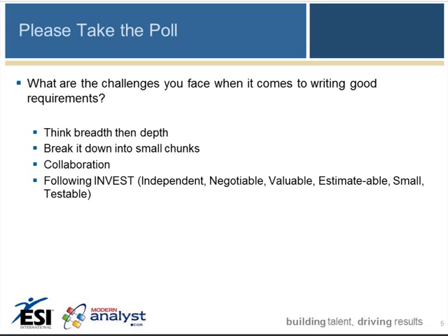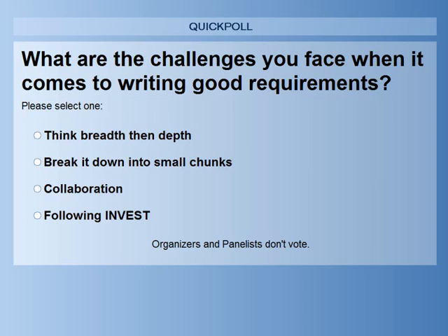Or do you not follow INVEST, that is, applying requirements attributes of independent, negotiable, valuable, estimatable, small, and testable to your requirements? So take a minute here and let's gather that. We're going to be opening the polling tool and let's see what the results come back with.